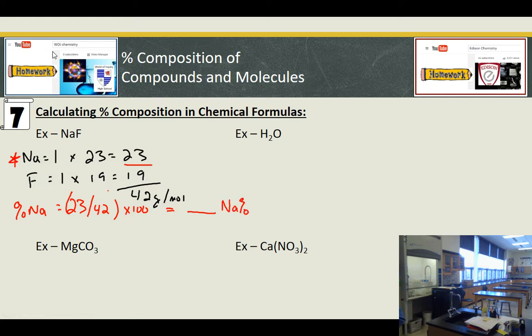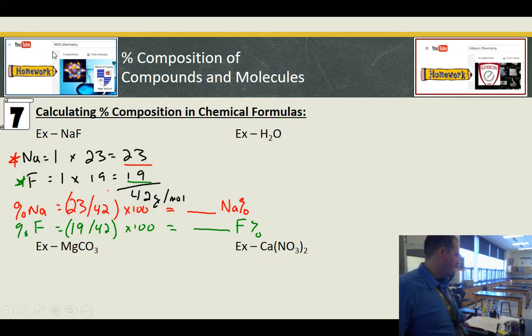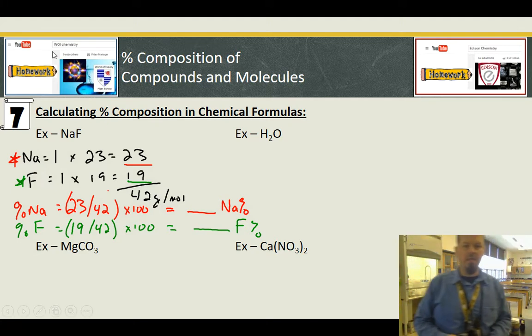I'm going to switch colors and go to F. Percent fluorine within the molecule is going to be 19 divided by 42, part over whole, times 100 equals some number percent fluorine. And those numbers should add up to be 100.